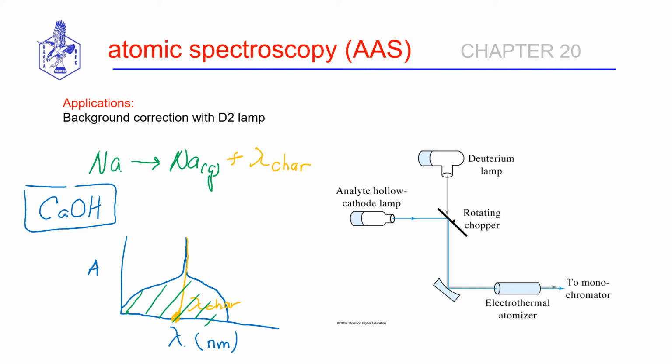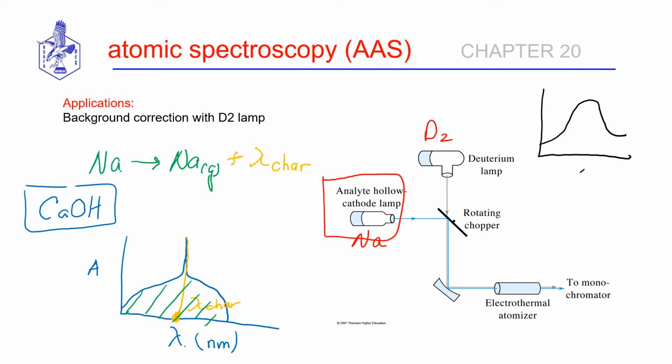Well, in our instrument, in addition to our hollow cathode lamp, which is a sodium lamp if I'm analyzing for sodium, I'm going to use a deuterium lamp. If you remember, this is a broadband source lamp that's going to emit many different wavelengths in the visible spectrum.